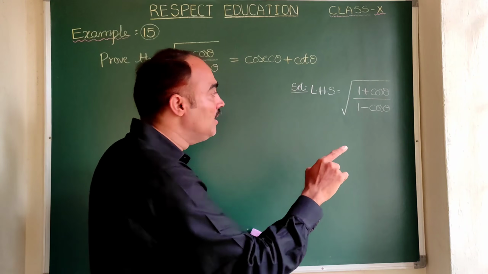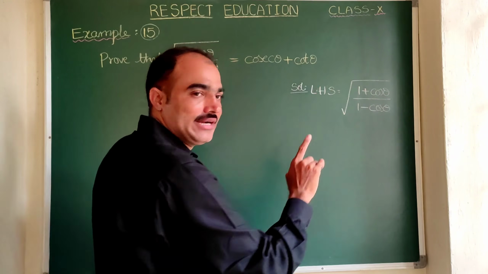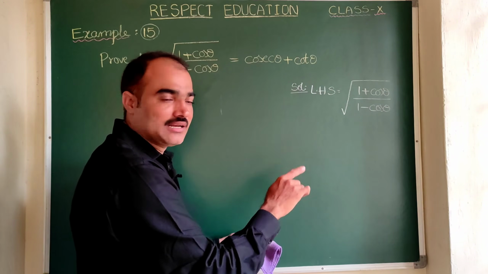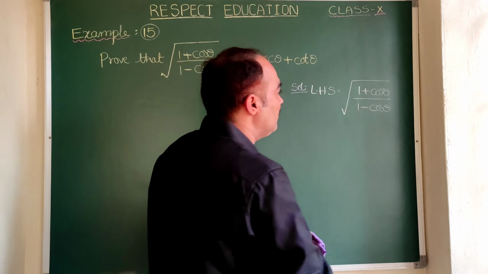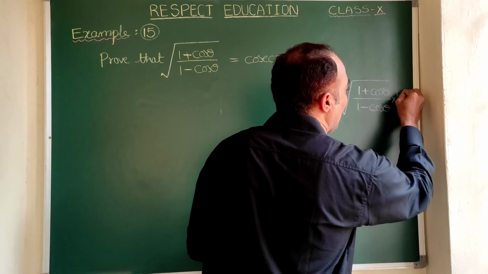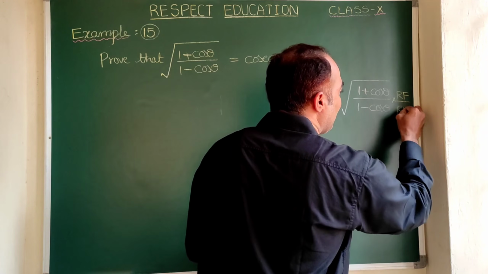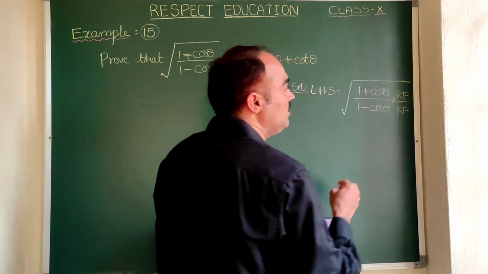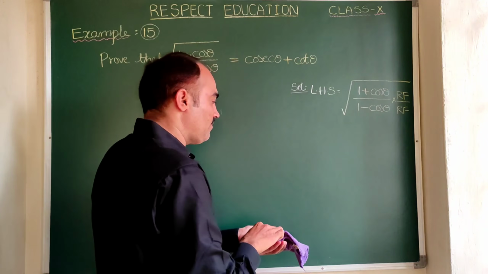The meaning is that we should not disturb the numerator. Is it clear? Here I am writing RF by RF, in fact it is RF of denominator.